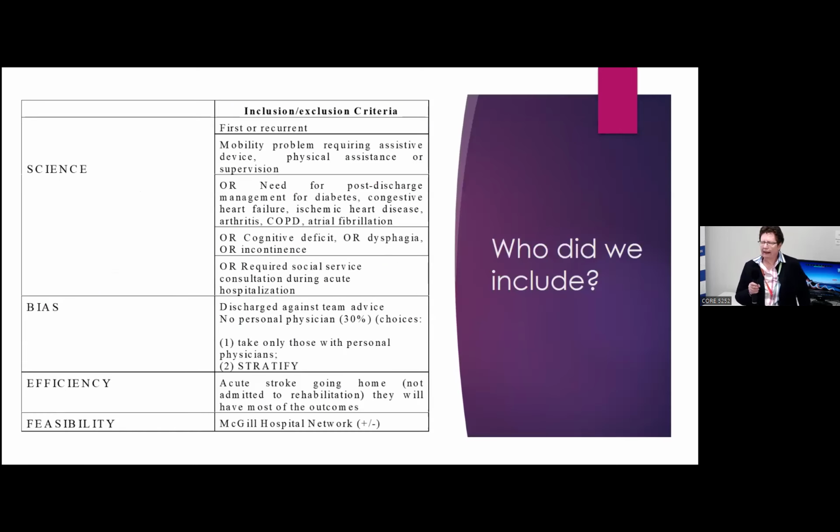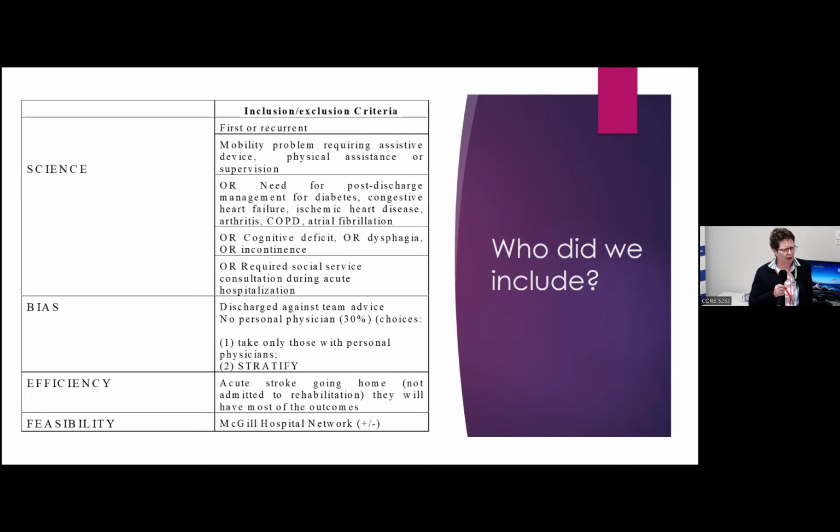So in this study, we took all the very complicated people. We took the people that usually are excluded from stroke trials, because these are the people that need to be managed. It's no use eliminating them. I'm trying to manage their problem. So we wanted a recurrent, we didn't mind, mobility problem, or they needed post-discharge for complex comorbidities.